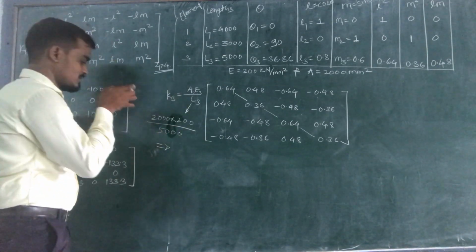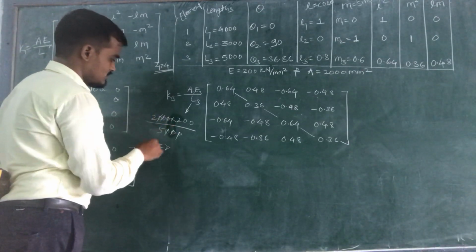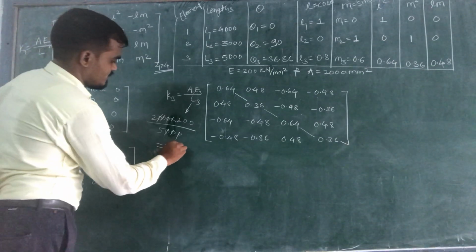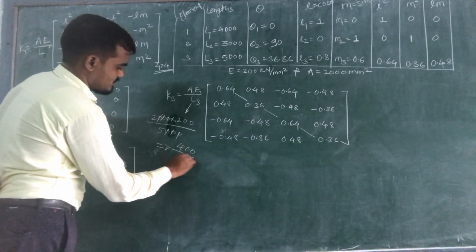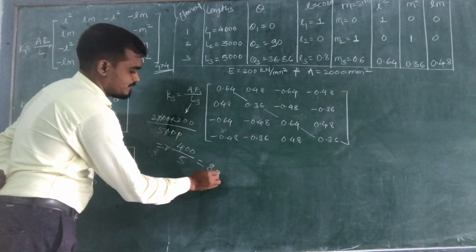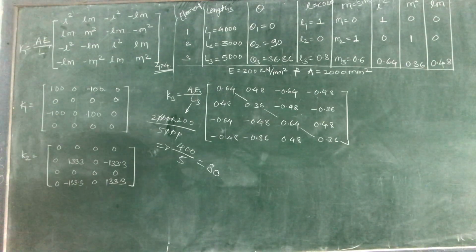So this will become equal to 2 into 2, 400 by 5. So it will become 80. Okay. This will become 80.